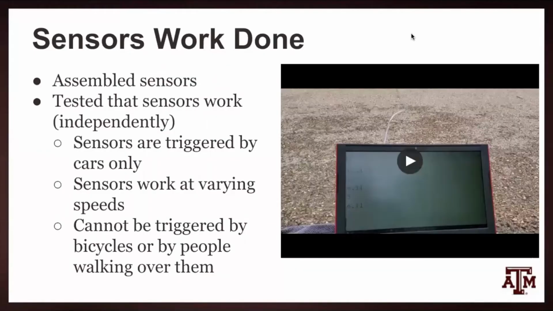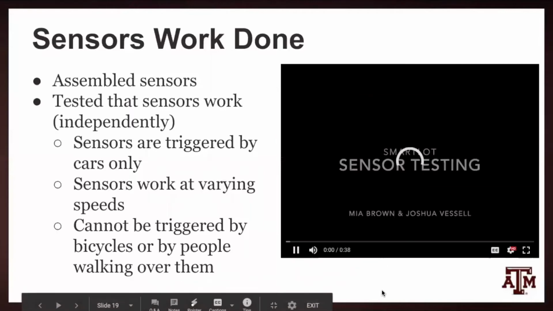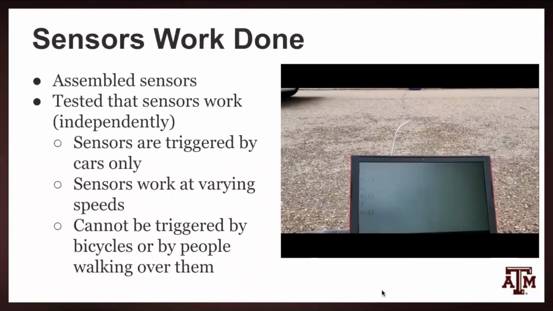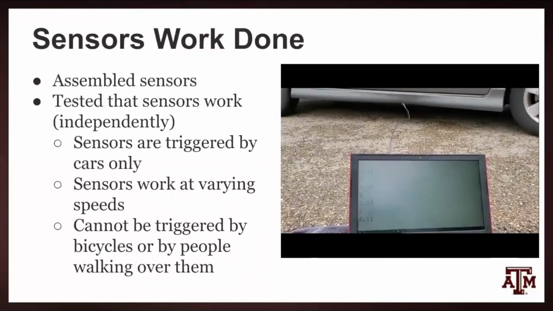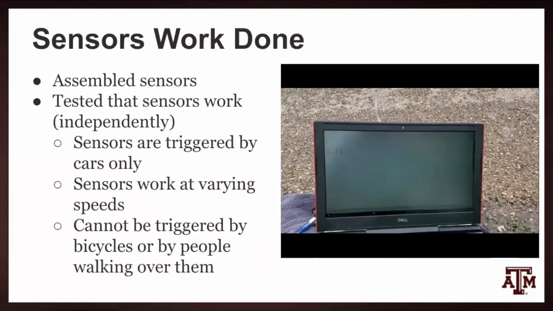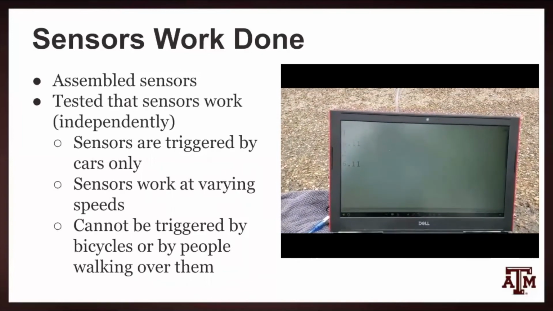Okay, so as far as the work that we've gotten done so far for the sensors, we've assembled them and we've tested that they work independently of the system as a whole. And that's what I'm going to show here. So as you can tell, you can see that it detects when the car is running over the pressure sensor.